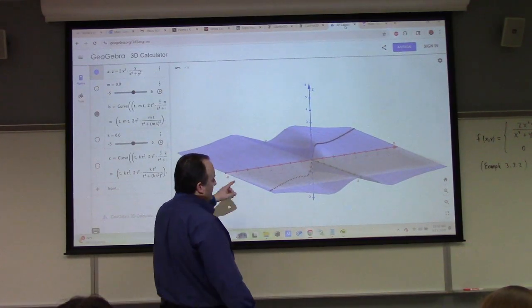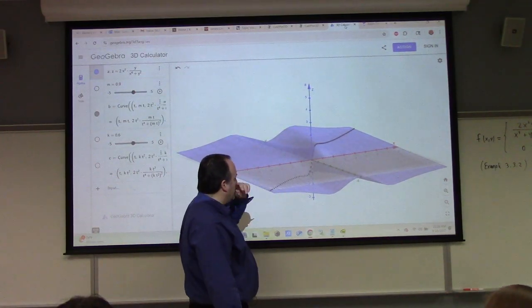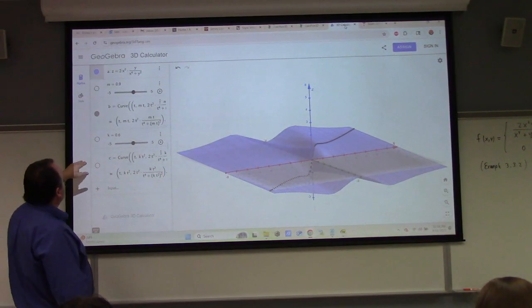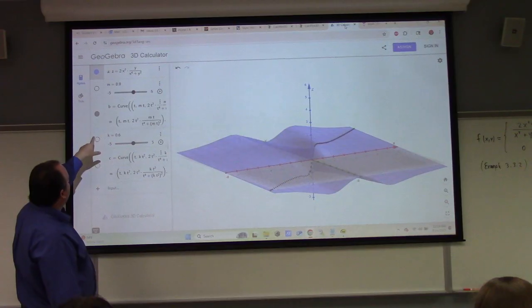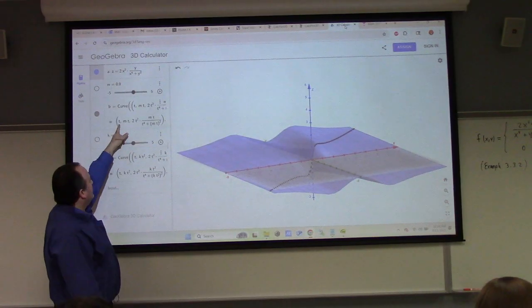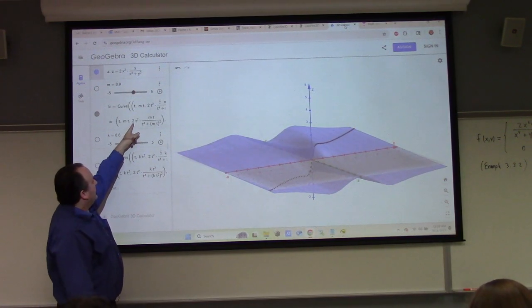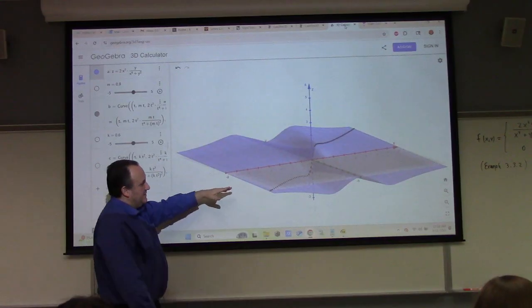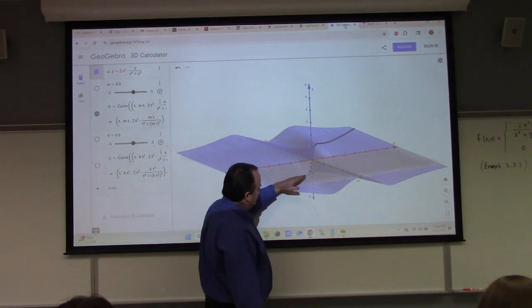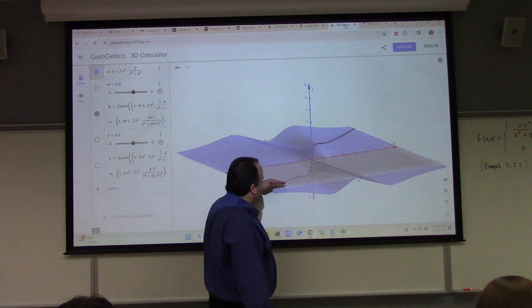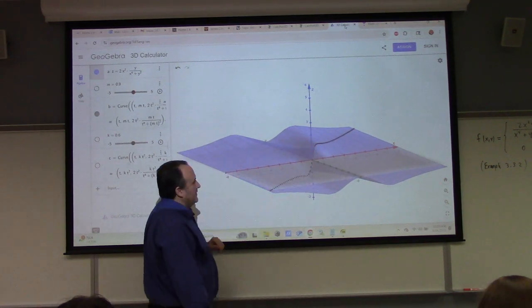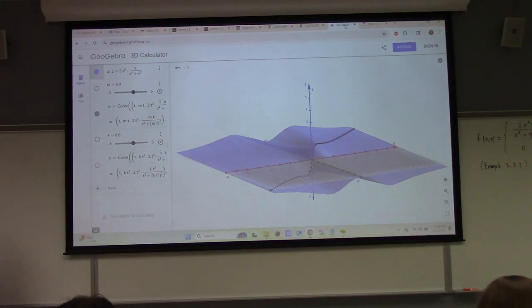So here is the same function, and what you're looking at in the black is currently a plot of this curve, which is t, mt, where I plugged in x equals t and y equals mt into the formula we're looking at. This is the trace. This is actually the points on the graph which are obtained from plugging in a line of slope m going through the origin.